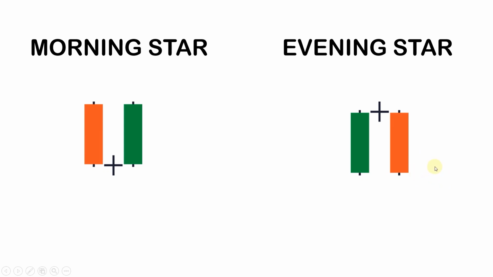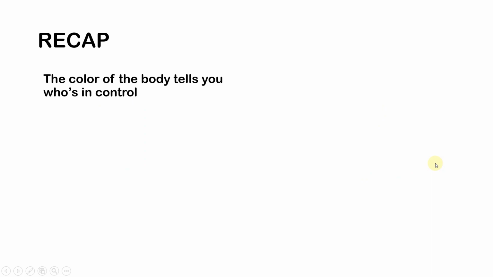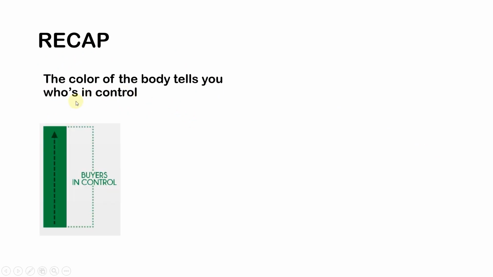So let's have a quick recap. The color of the body tells you who is in control. So if you see a green color candle, you can assume that the buyers are in control. So I want you to comment down: who will be in control if a red candle is formed?